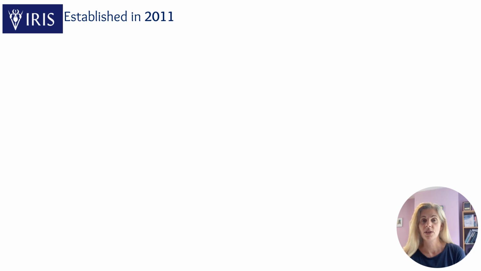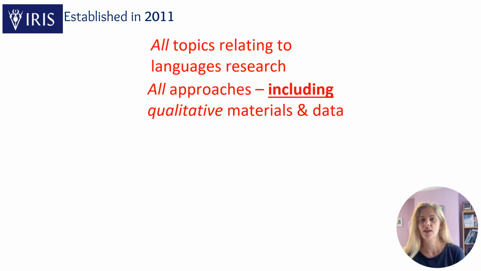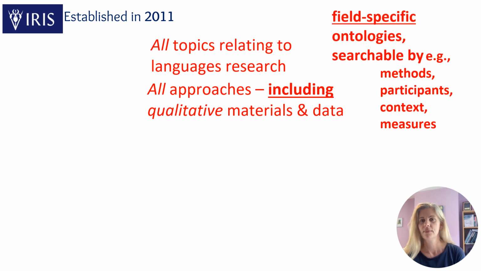IRIS was established in 2011. It holds materials and data and analysis protocols and postprints on all topics related to languages research. It is inclusive of all approaches, including qualitative materials and qualitative data. IRIS contains many field-specific ontologies.